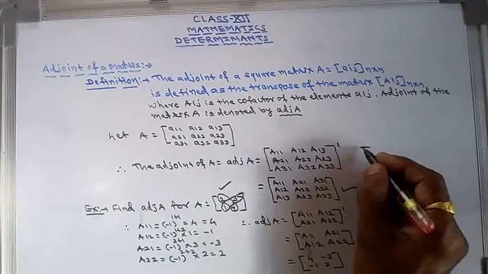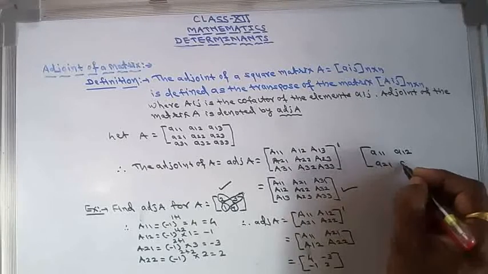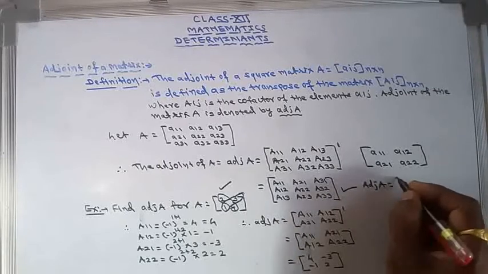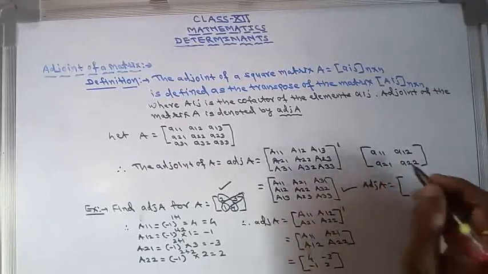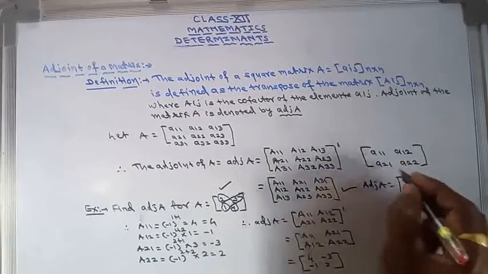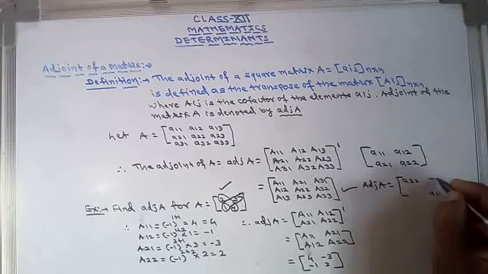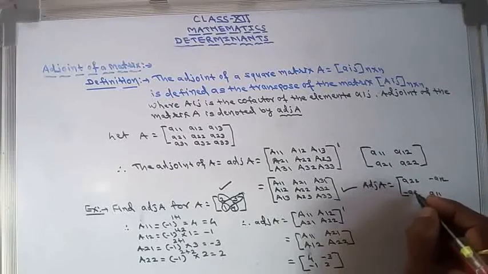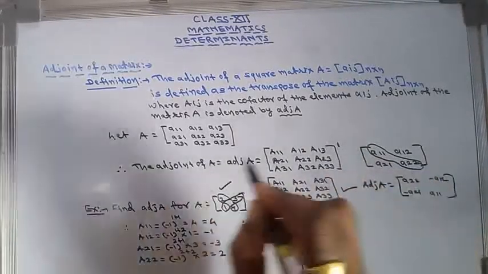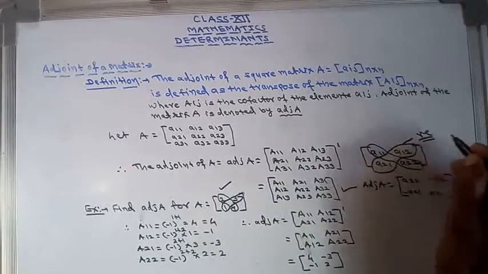So if you have a matrix A11, A12, A21, A22, then the adjoint of A will be equals to, see here, this A22 will come here, then A11 will come here, and the sign of this will change. That is, this will be minus A12 and this will be minus A21. In this way, these two numbers interchange and these two numbers become negative.